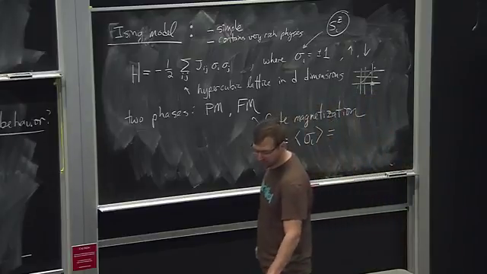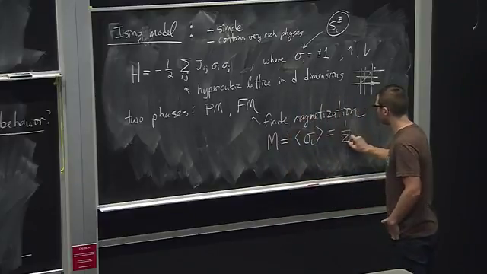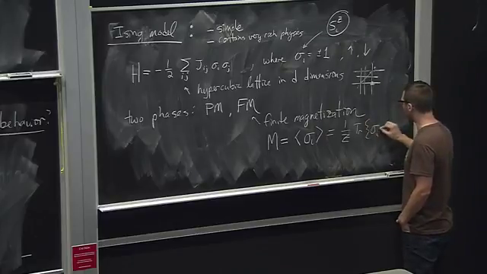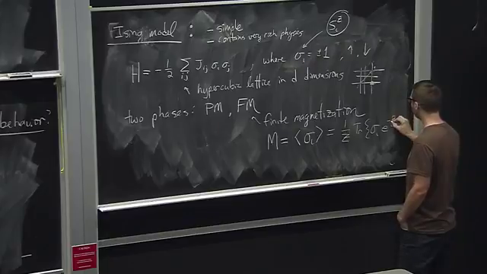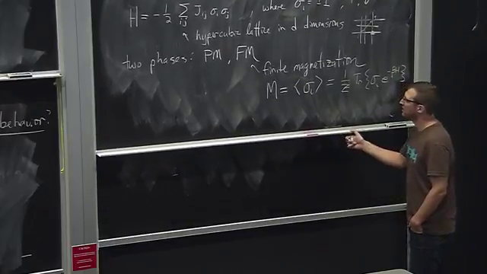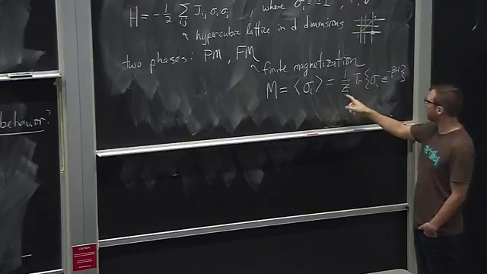Okay, so in your ensemble theory, you would just write that as 1 over Z, trace, say, sigma_i, e to the minus beta H, right? So you have a Hamiltonian, very simple. You want to solve for this property.